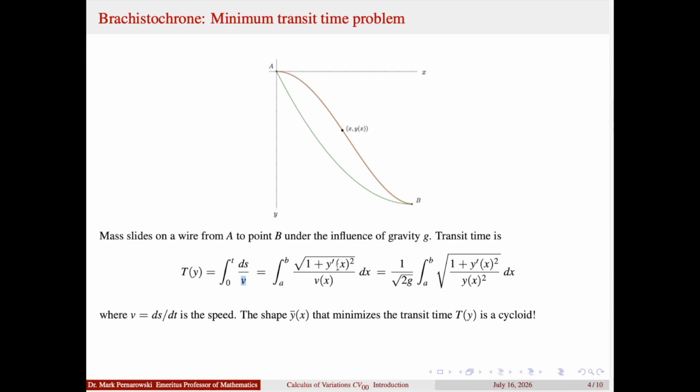Because y is a function of x, ds is given by calculus, and the top is the square root of 1 plus y prime squared. And I have velocity, which is dependent on x, and that's given by basic physics as determined by a balance of potential and kinetic energy. Now, without going into great detail, I've converted this time integral of ds over v into an integral in x only, from x equals a to x equals b.